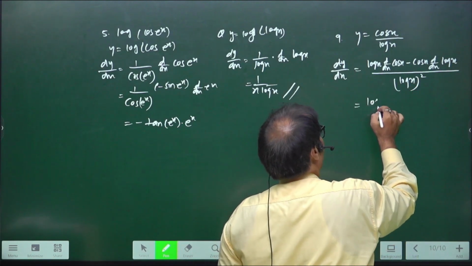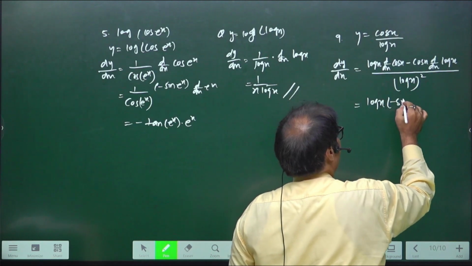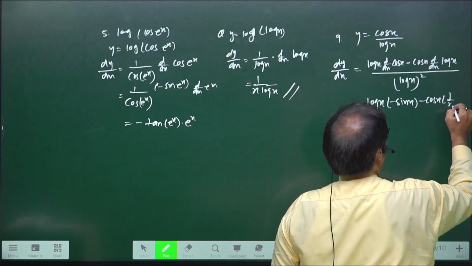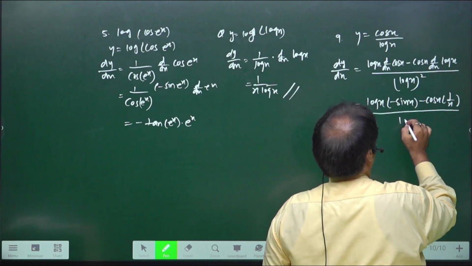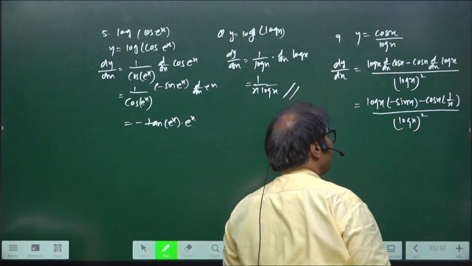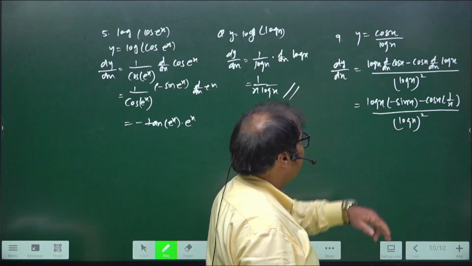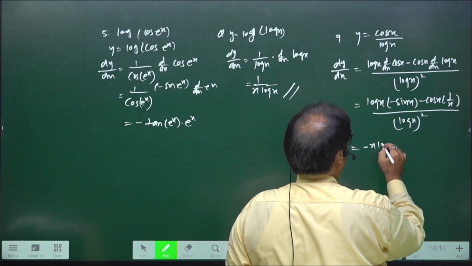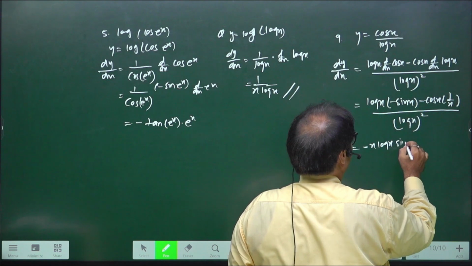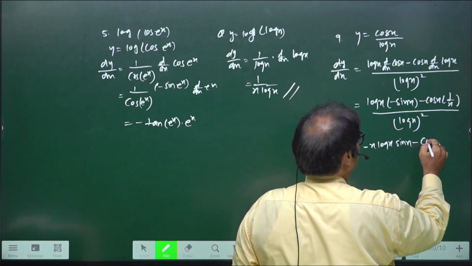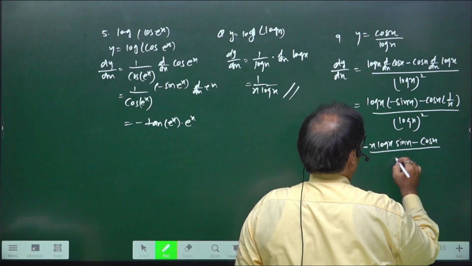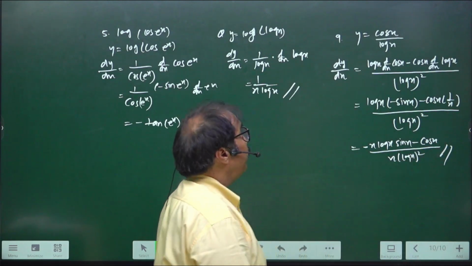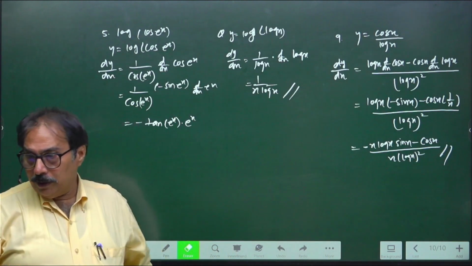So this is log x and the derivative of cos x, minus sin x, and minus cos x and derivative of log x, 1 by x, divided by log x whole square. Now take x's LCM. So this will be equal to minus x log x into sin x minus cos x upon x into log x whole square, and this is the answer of question number 9.